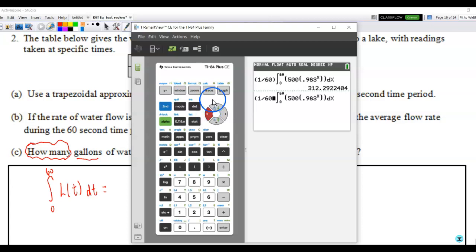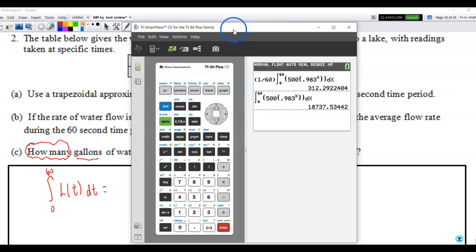I guess I could take my answer that I had and multiply it by 60, but just to show you this feature of the calculator, delete. Be careful, because I always forget which order, if it deletes to the left or to the right. You start deleting the stuff you want to keep, and then you wasted your time. Okay, so there's my integral without the 1/60th. Like I said, you could have just taken your answer from the last problem and multiplied by 60. So we get 18,737.